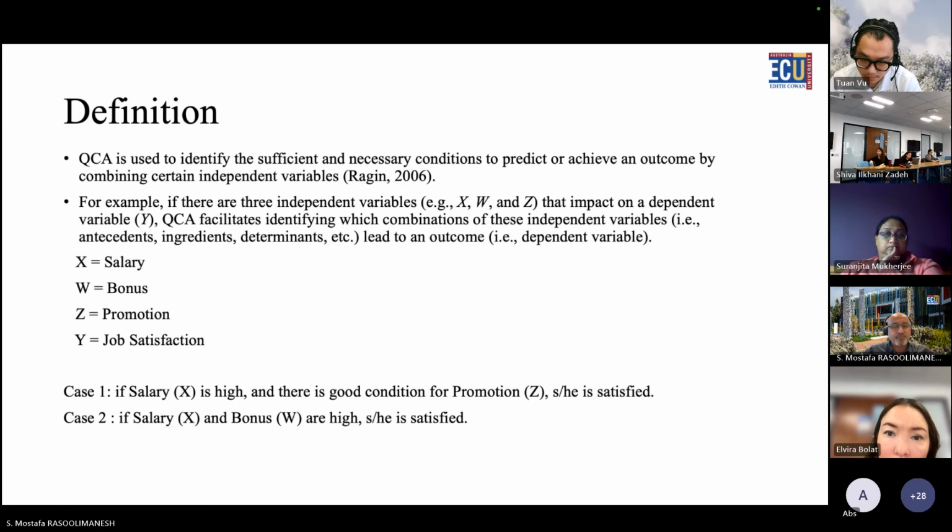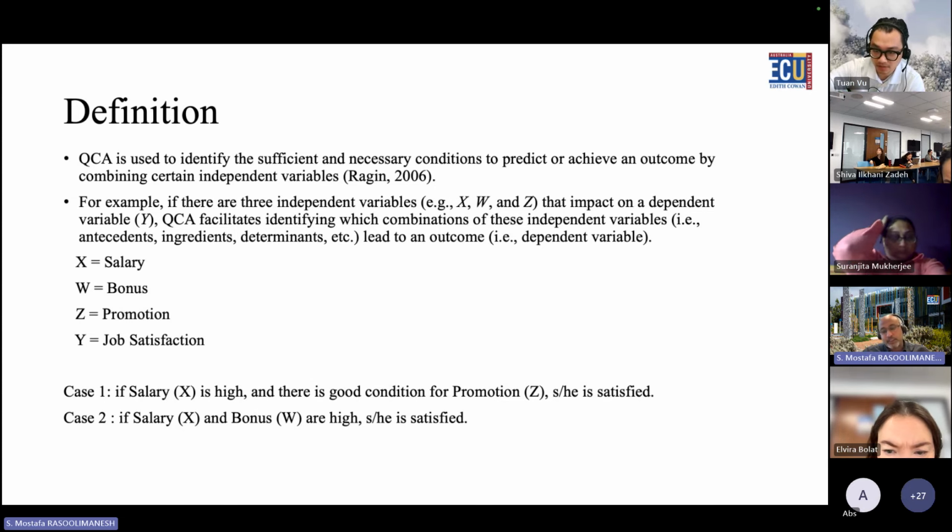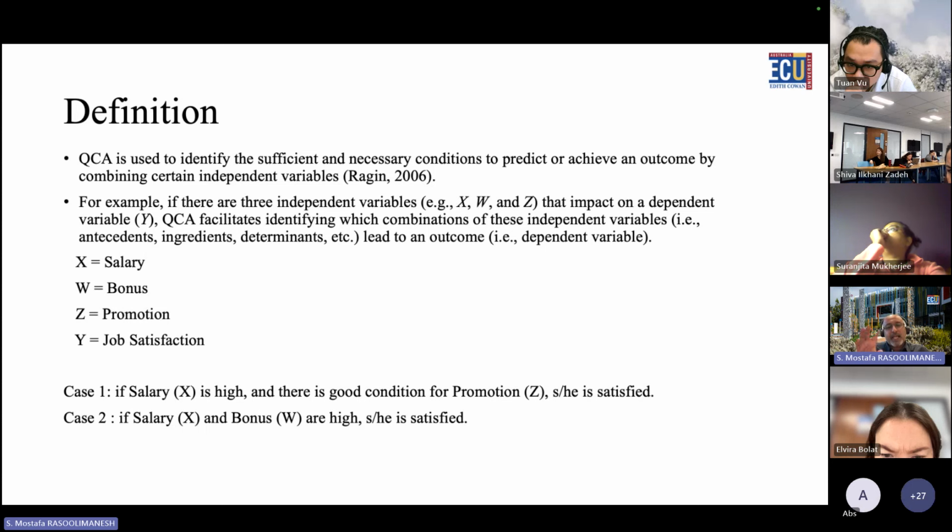But when we apply QCA, QCA is a case-based approach. So in case number 1, we see salary. If salary is high and there is good rule and regulation for promotion, then staff will be satisfied. So if salary is high and there is a good condition for promotion, he or she, the first case, is satisfied.